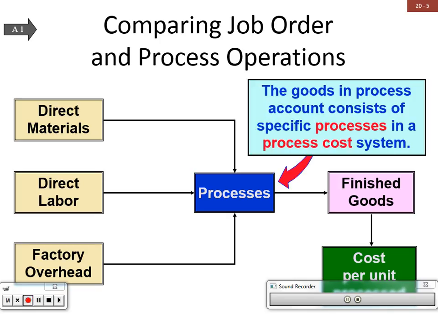Now with process costing, we still have these same three costs. However, when we allocate them, they first go to the process. So each process is going to have some cost allocated to it, and then once it gets to finished goods, it's also going to have some cost. And then we're looking at cost per unit versus per job.